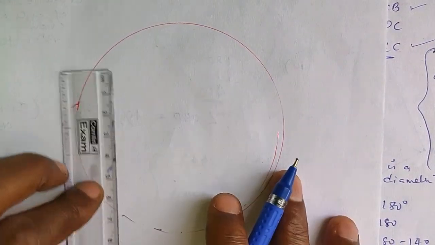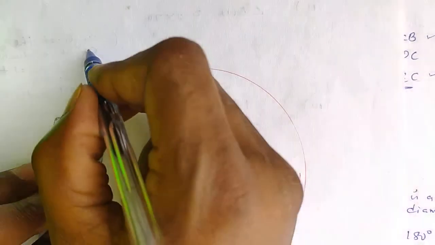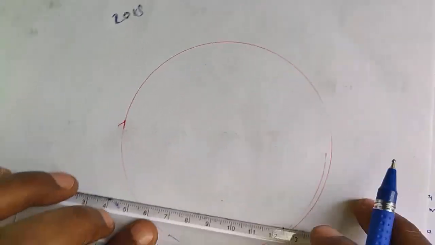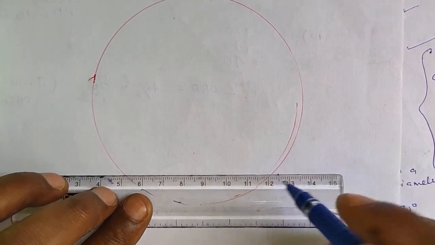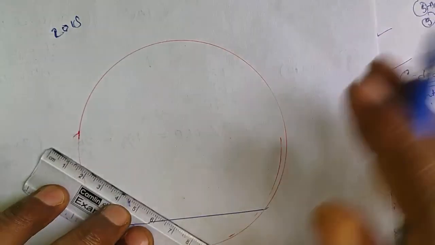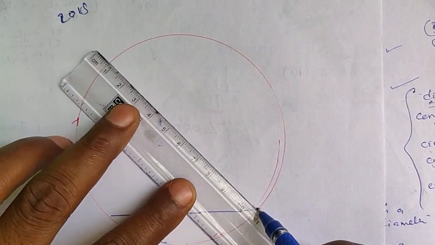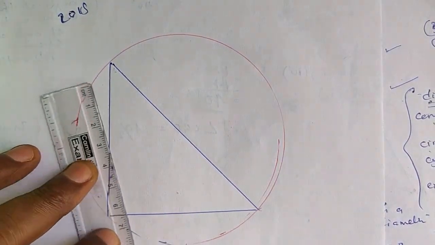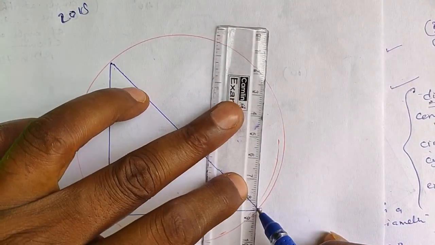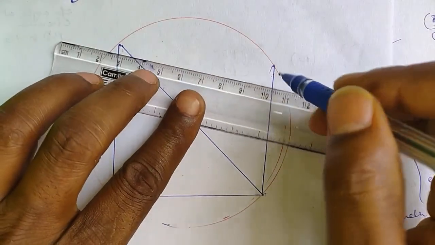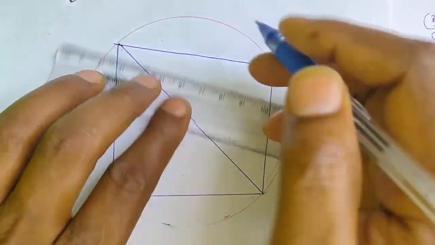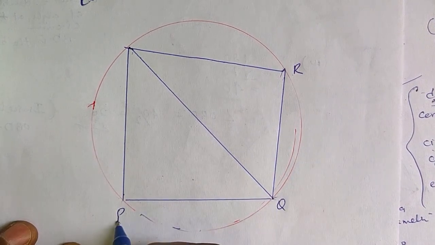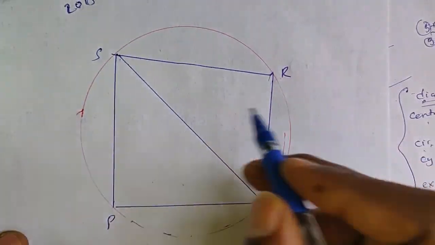The other question was from 2018. Try to solve this problem also. PQRS is a cyclic quadrilateral.